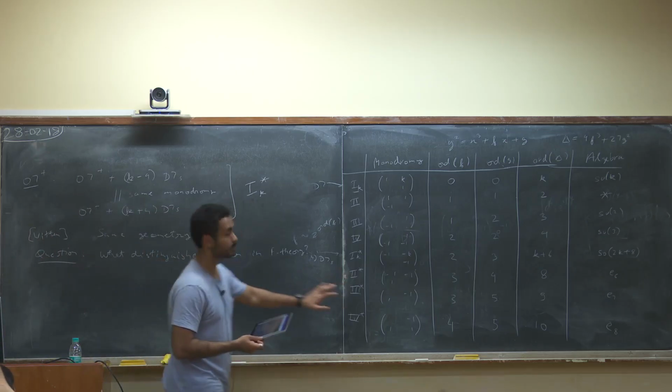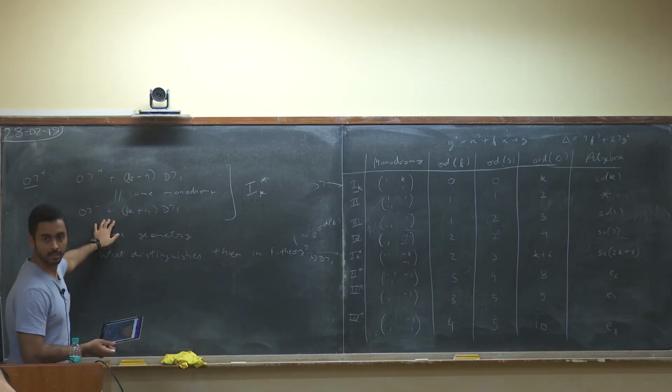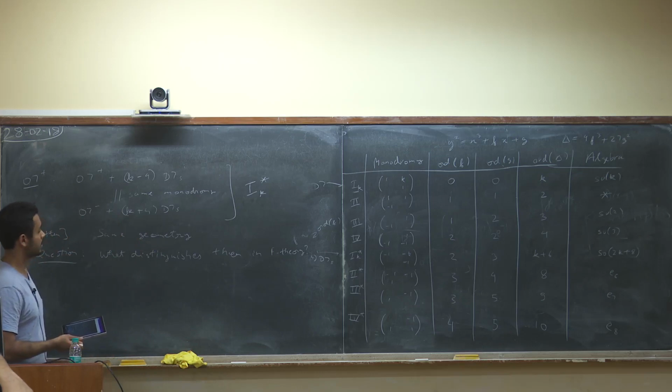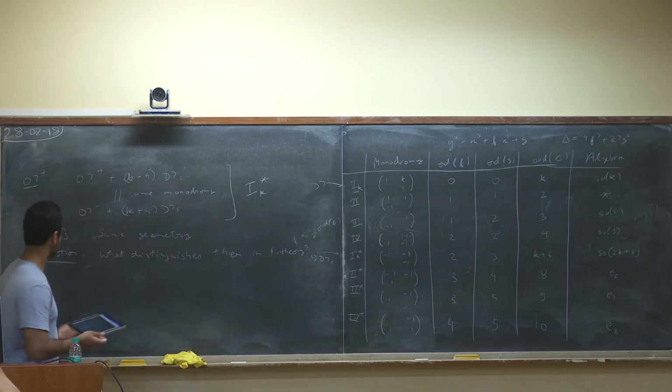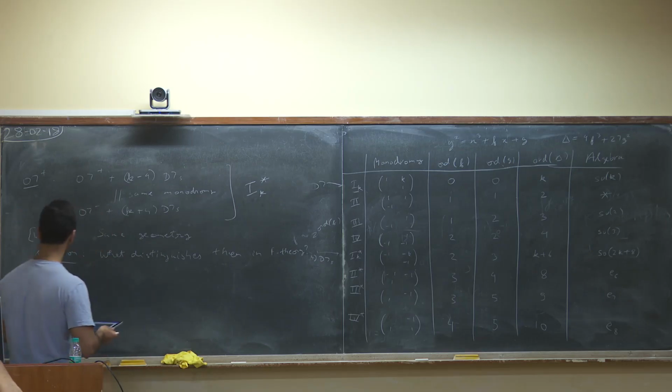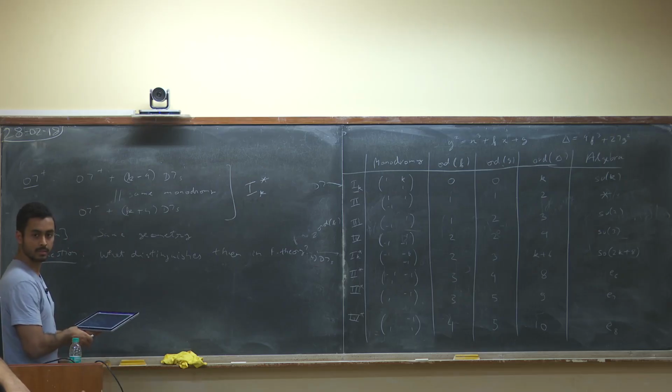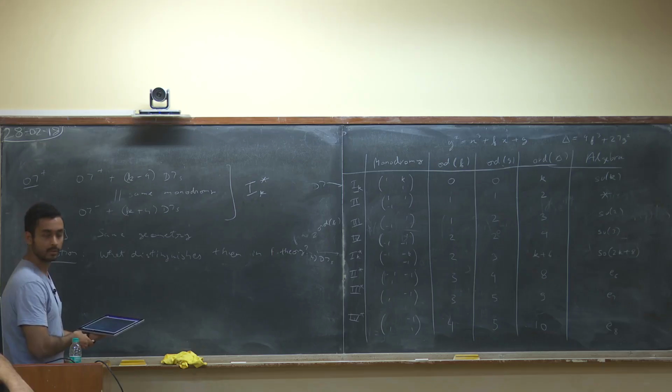No, the algebra is different because this will be SP. Right. So when you say what distinguishes them, you mean some geometric way? Yeah, some geometric way to distinguish them. Because this resolution pattern will be different for these two because you either get SO or SP. And the Dynkin diagrams are different for those.